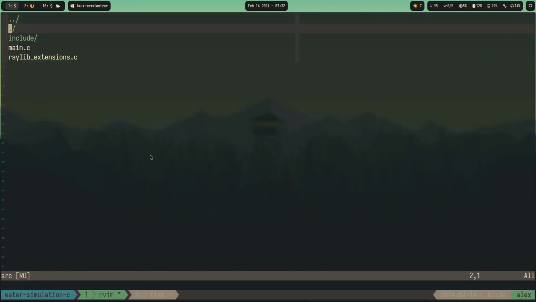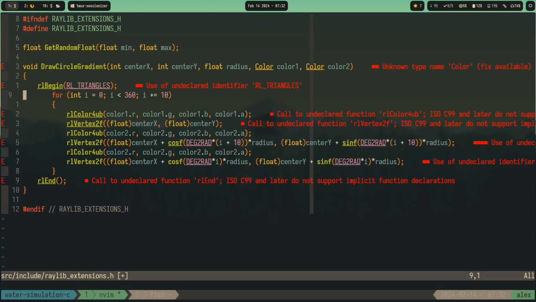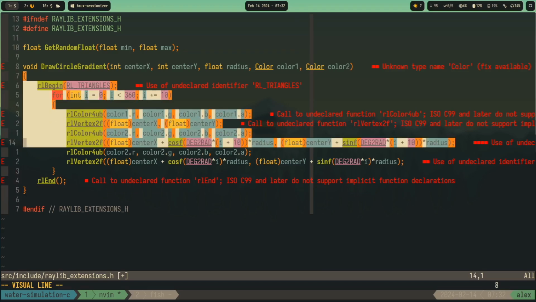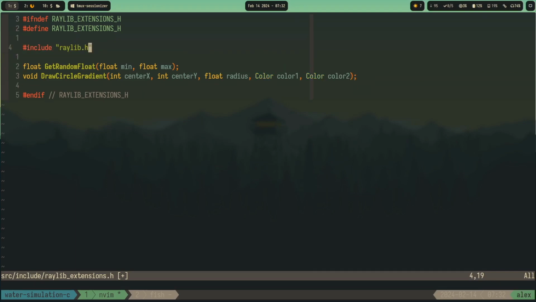Okay, let's go into the extension. Okay, and let's just have it here, right? But let's change this to float. Yeah, I'm not really sure why.